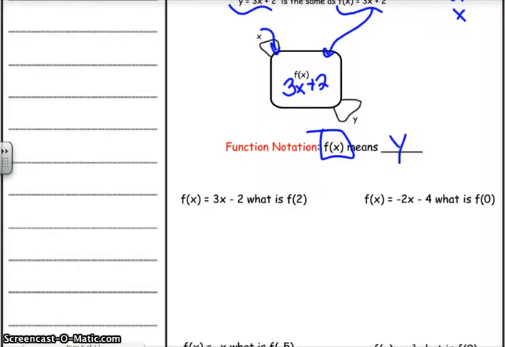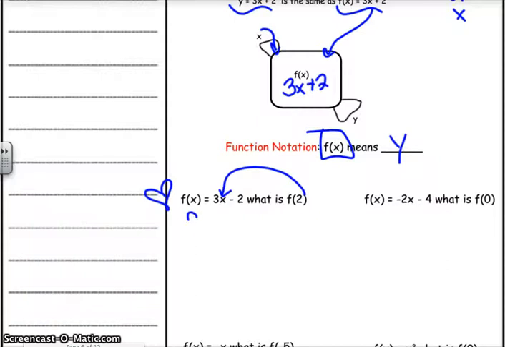So, this first example, f of x equals 3x minus 2. And I want to know what is f of 2. F of 2 just means what is the function of 2? What happens when I put 2 in? So all you do is put 2 in where the x is. That's all you do. So put that arrow on your notes so you can see what I did.